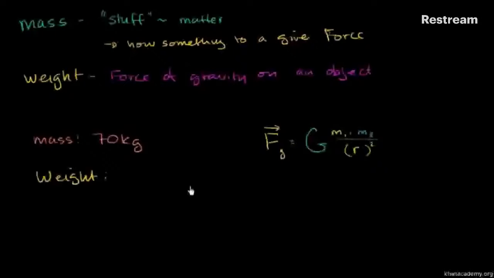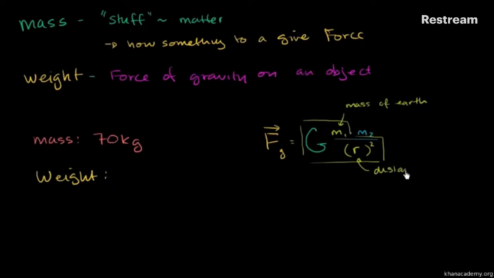And if you're on Earth, and you take all of this stuff combined, so if you say that this right here is the mass of Earth, and this right here is the distance from the center to the surface of Earth, because that's where I'm sitting right now, then all of this stuff simplifies to what's sometimes called lowercase g.